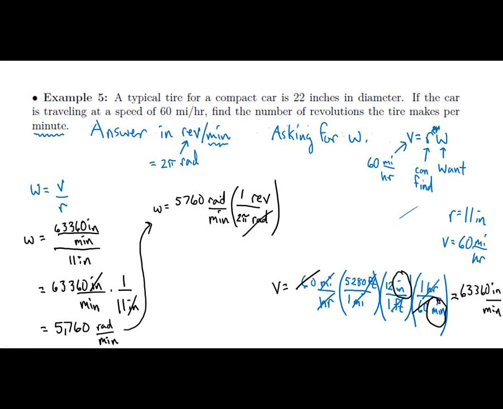With that, I get the radians canceling out, I get revolutions appearing. So my angular velocity here is 5,760 over 2 pi revolutions per minute. But that's not the nicest way to write an answer like this. Let's just get the approximation. So my approximation here would be 916.7 revolutions per minute.